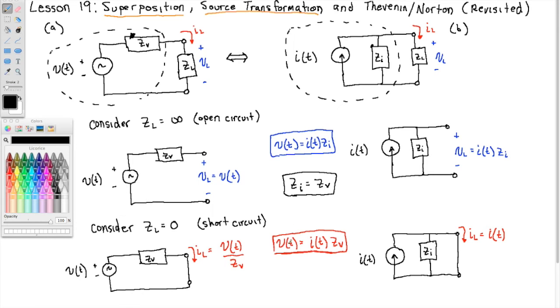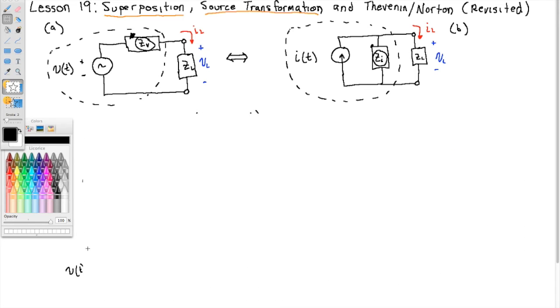So V, the voltage source, is equal to the current times that Z. If we have picture A and we want to go to picture B, the I is going to be V divided by Z. And if we have picture B and we want to go to picture A, V is I times Z. We've already found that the impedances are equal. Okay, so let's be more concrete.